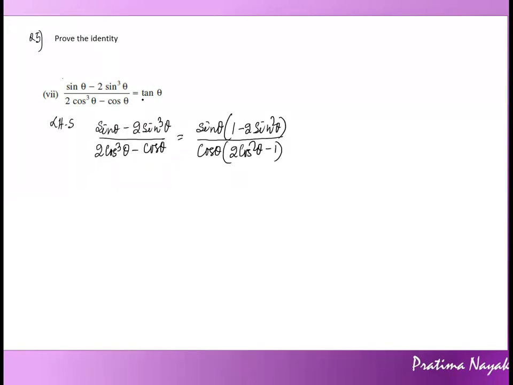Now see the right hand side, it is only tan theta. That means in the numerator the sin theta will be there, and cos theta will be there. These two will certainly be cancelled. So let us arrange it to make it cancel. I'll write 1 as sin square theta plus cos square theta.